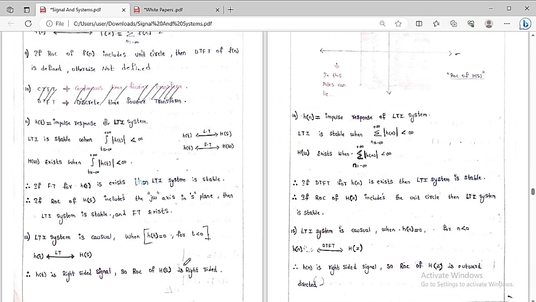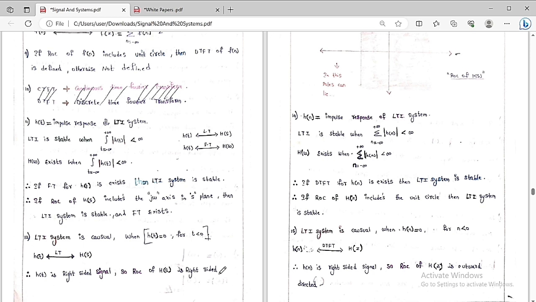Suppose you take an LTI system which is causal, meaning h of t is equal to 0 for t less than 0. If you find the Laplace transform of h of t, we get H of s. As h of t is a right-sided signal, its ROC is also right-sided. As I already told you, if the signal is left-sided, the ROC is left-sided.